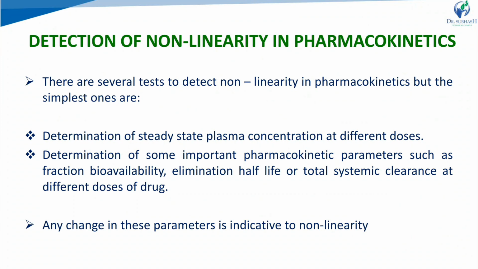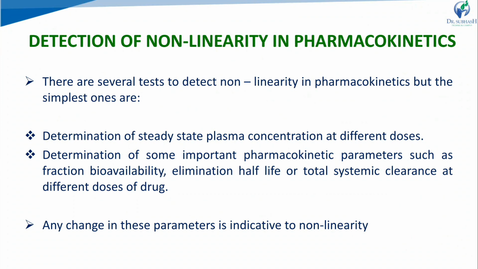concentrations at different doses. Because steady state concentrations are directly proportional to the dose, it follows linearity in the kinetics. But if we are not getting proportionality with the dose, we have to say that it follows non-linearity.